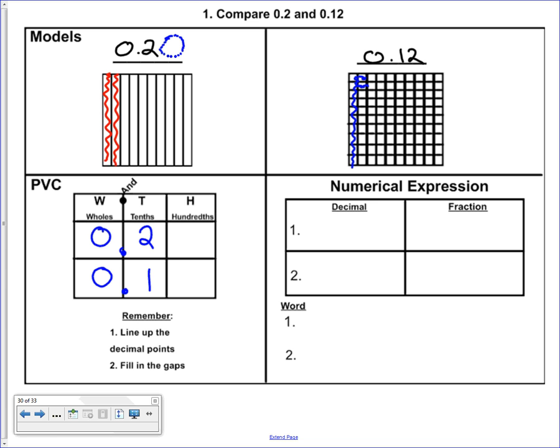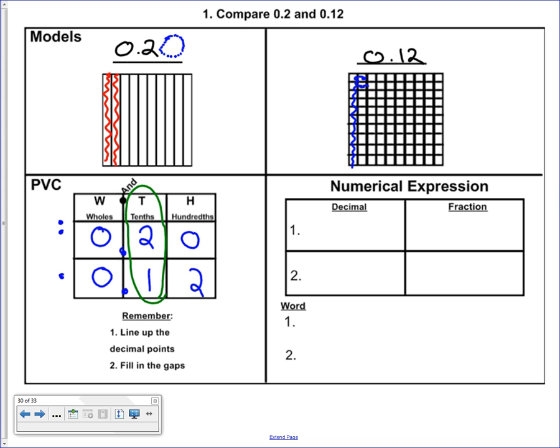This one has 1/10. In the first one, we don't have any hundredths. In the second one, we have 2 hundredths. So who's greater? Well, this first one is greater because I've got 2/10 versus 1/10.